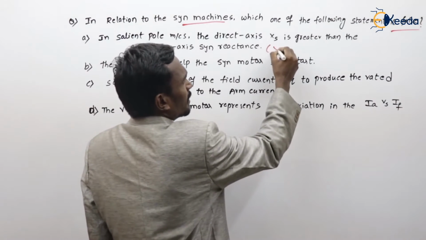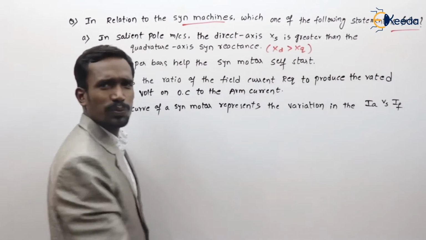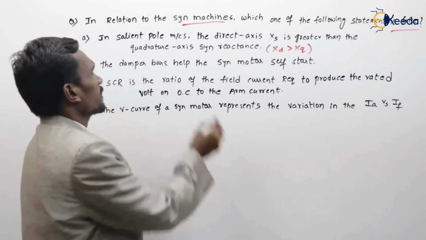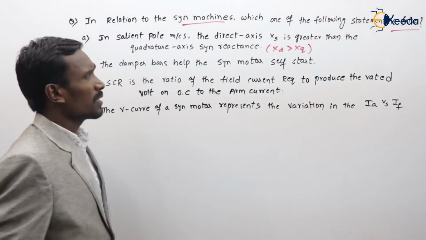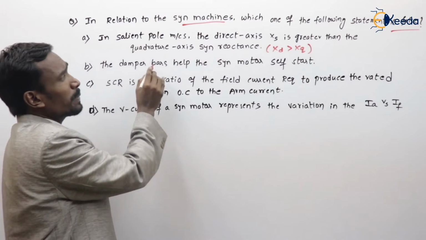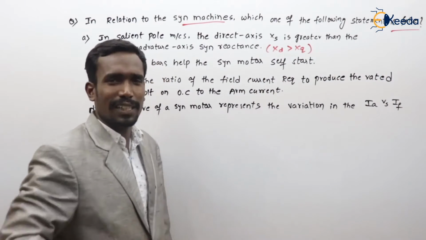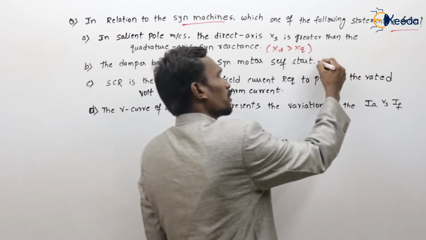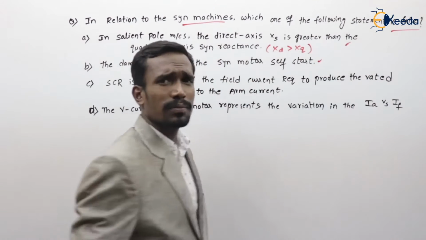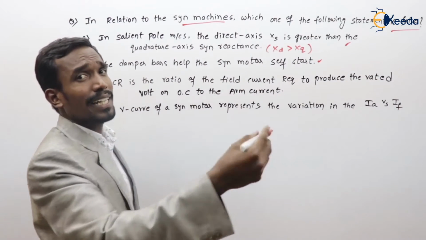Nothing but they are saying that Xd is greater than Xq. Yes, this is 100% correct. Next one, the damper bars help the synchronous motor for self-starting. This is also correct. Damper bars are used to start the synchronous motor and eliminate hunting.